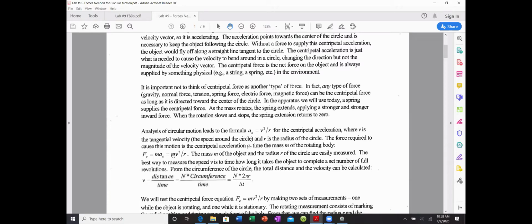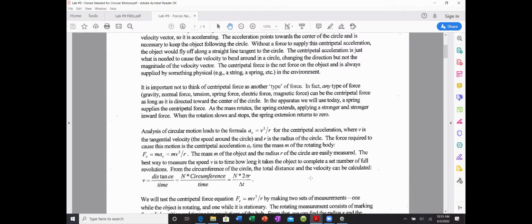So the goal of today's lab is to arrange for circular motion to occur, allow us to measure m, v, and r so we can calculate the prediction of this formula. And separately from measuring mass, velocity, and radius, we want to measure the force directly to test: does mv squared over r actually seem to do a decent job of calculating the force required?